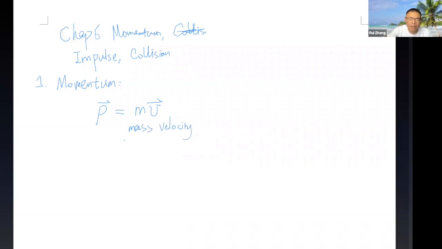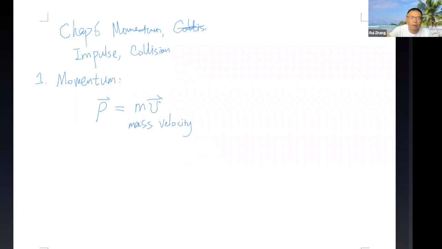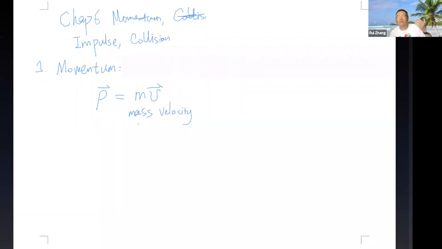Based on the definition, it seems a pretty easy concept to understand, right? As long as the object is moving, there is some momentum. And the bigger the mass of the object, the bigger the momentum, which actually makes sense. I don't know whether you guys play football.